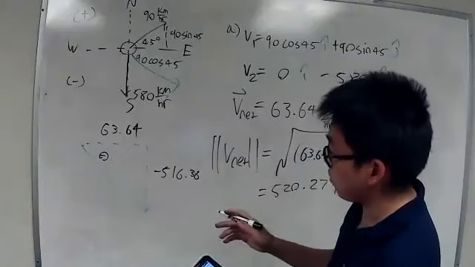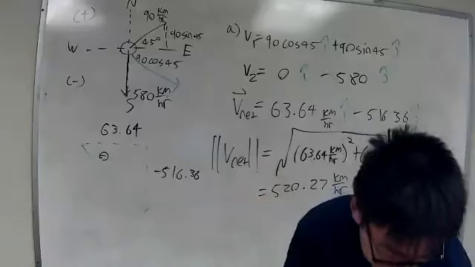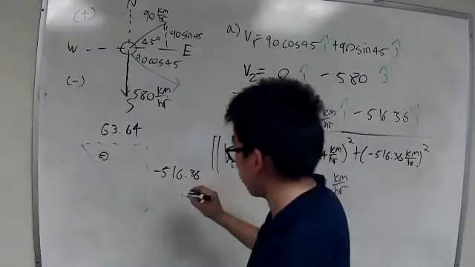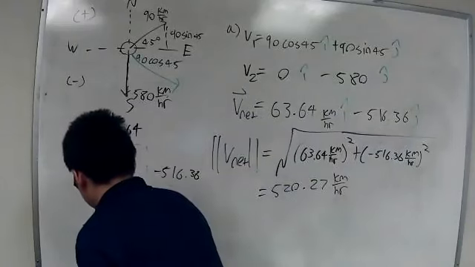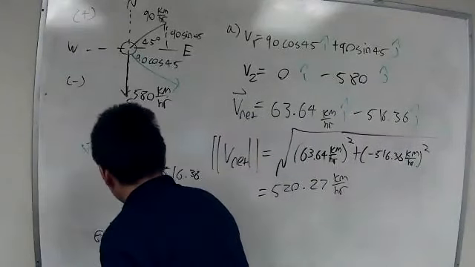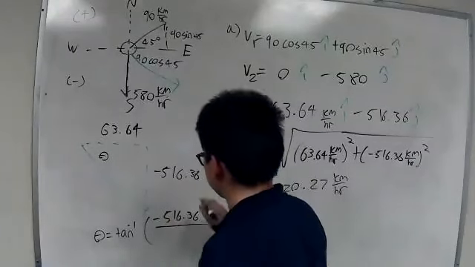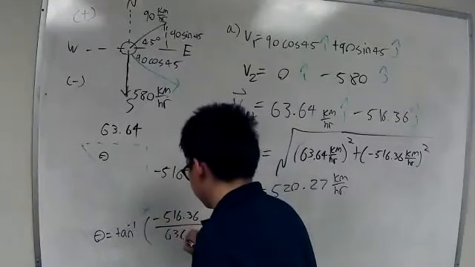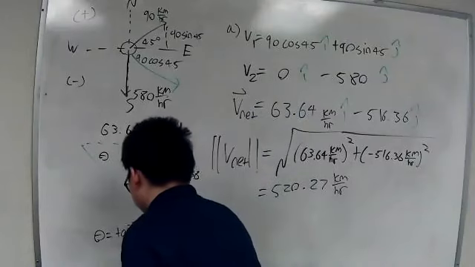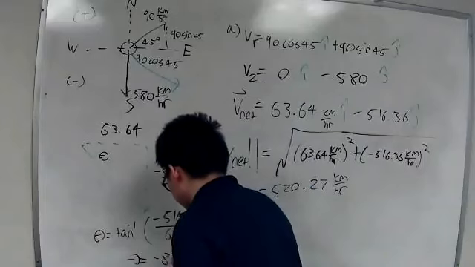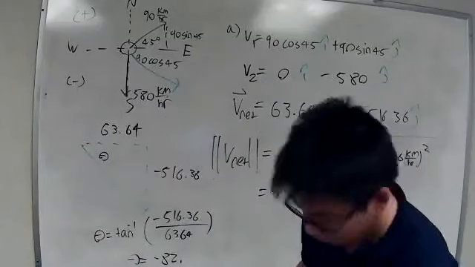And this is negative 82 degrees, adjacent, opposite. This angle is negative 82.97.